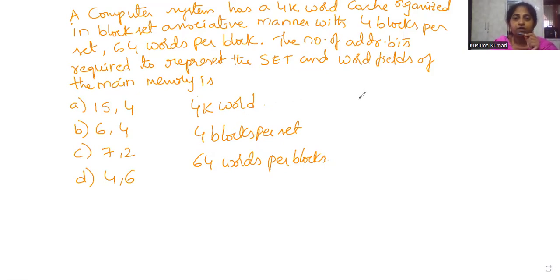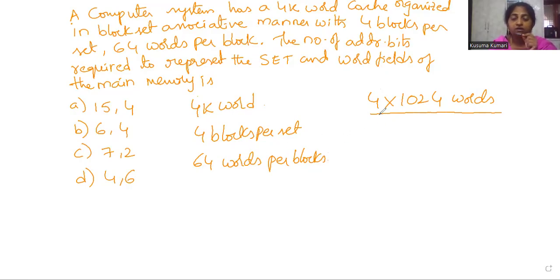4K words means 4 into K, that means kilo, 1024 words. Next, 64 words per block.